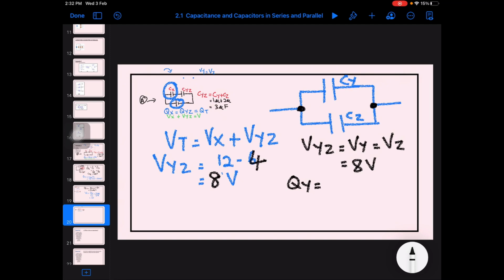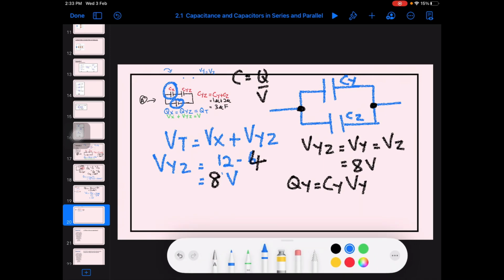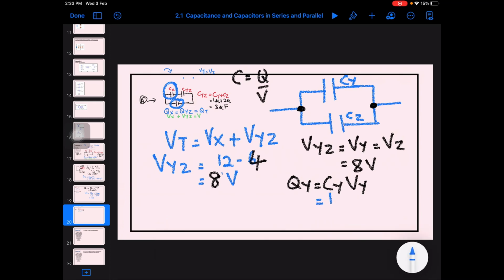Okay, QY is equals to Q equals to C times V lah. From the equation C equals to Q over V, Q equals to CV. So CY times to VY. So since we have information about CY and VY, we just substitute it. CY equals to 1 microfarad. Yes, C1 is 1 micro. 1 micro times to 8.